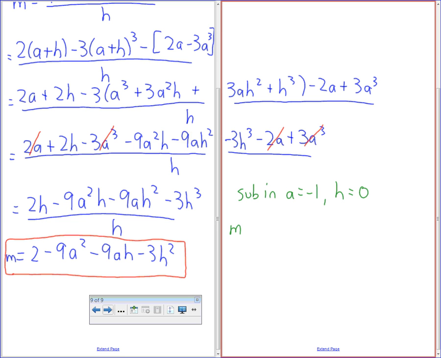So m is going to be 2 minus 9 times -1 squared minus 9 times -1 times 0 minus 3 times 0 squared, which is equal to -7. Is that right? Everything on the right side just canceled out, anything with h just canceled out.